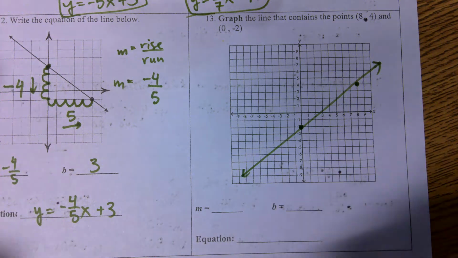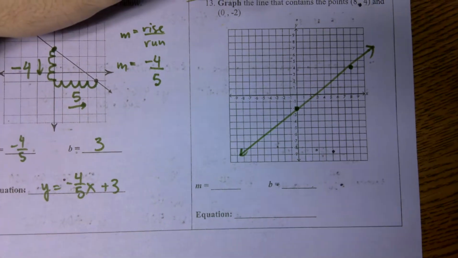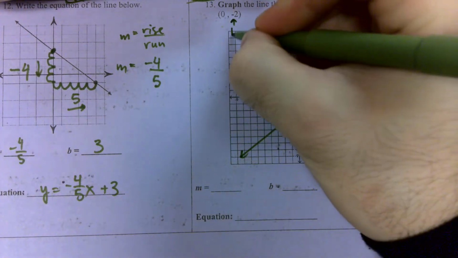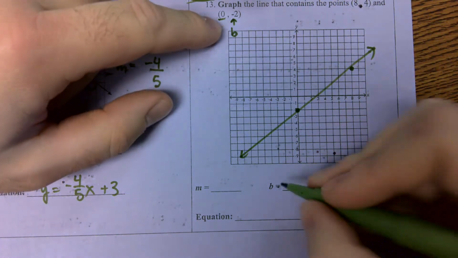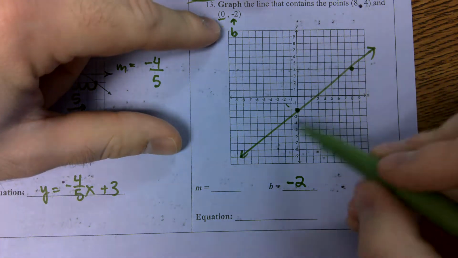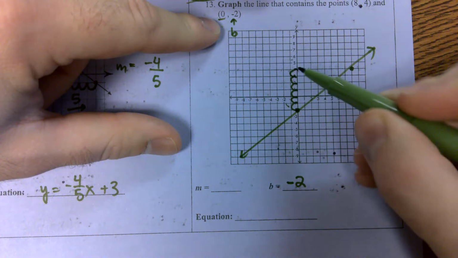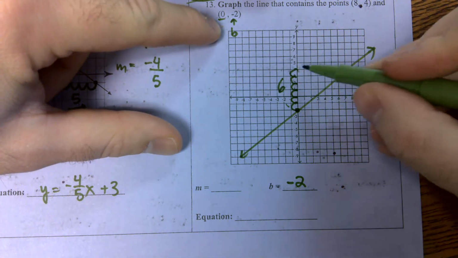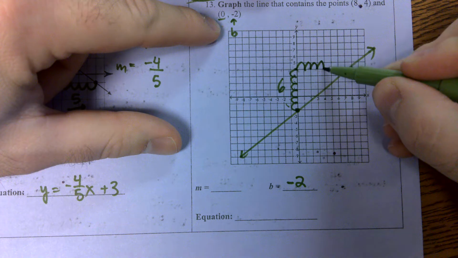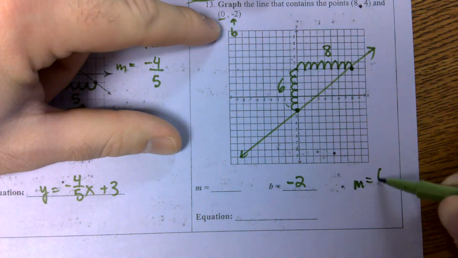And now we got to do all this stuff. We got to find the slope and the y-intercept and the equation. Luckily for us, we were given the y-intercept, right? Here's our 0. That -2 is our b. And once again, let's do our rise over run. We're going up 1, 2, 3, 4, 5, 6 spaces up. And 1, 2, 3, 4, 5, 6, 7, 8 spaces over.